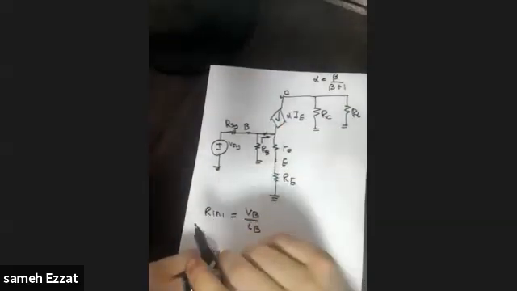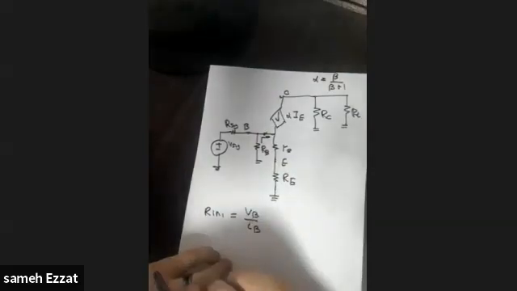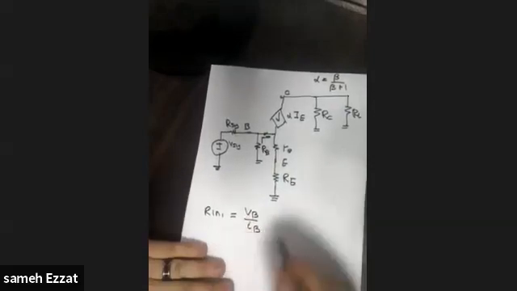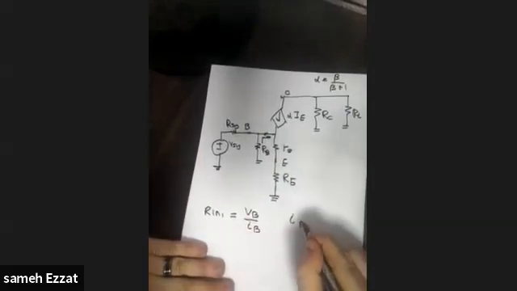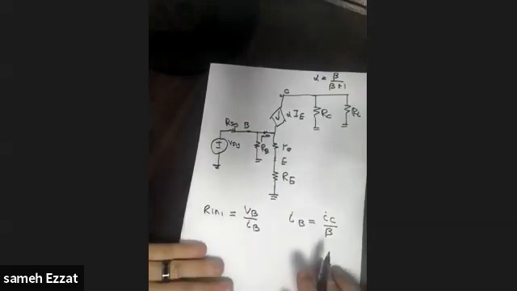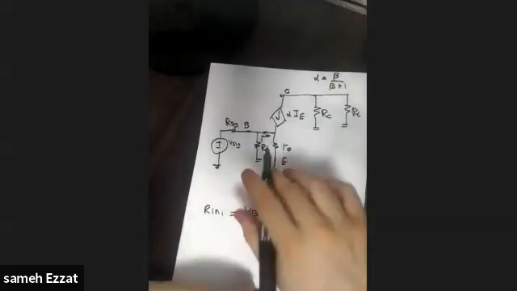Okay, how can we get this relation? So let's first start to think. We know that IB equals IC over beta.